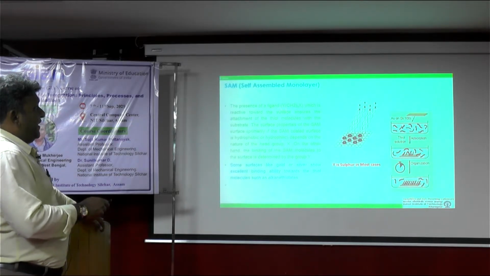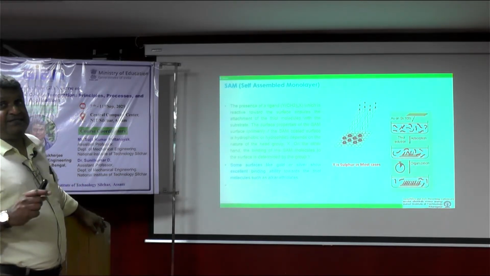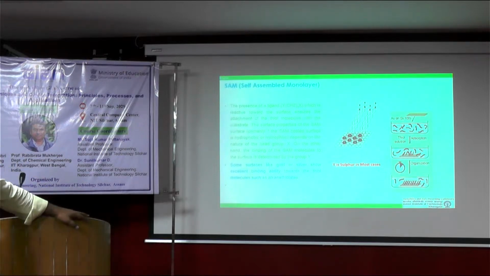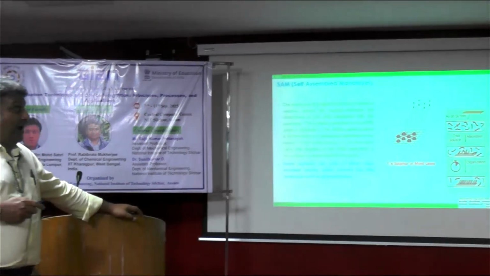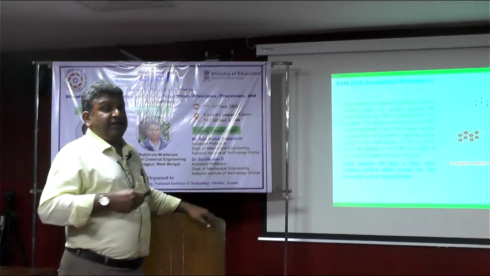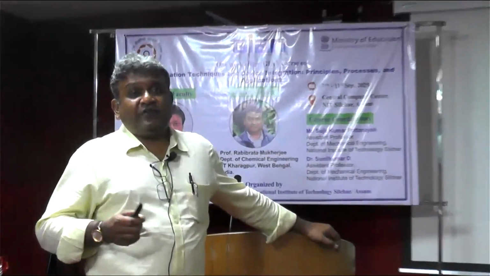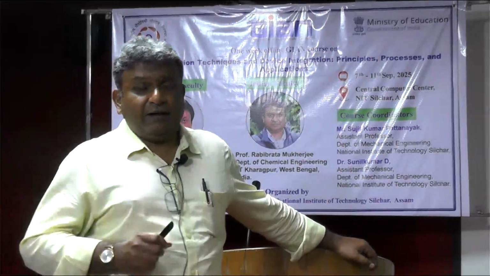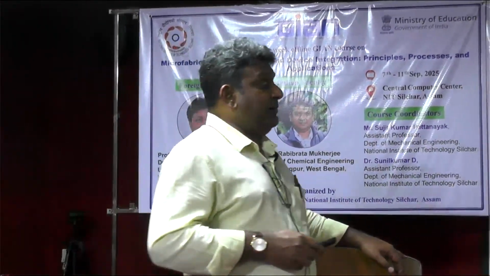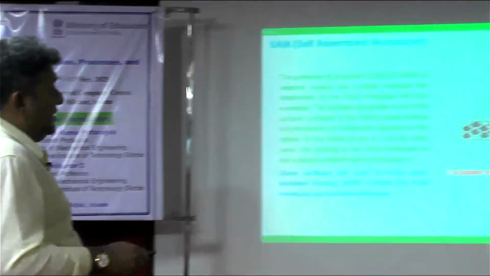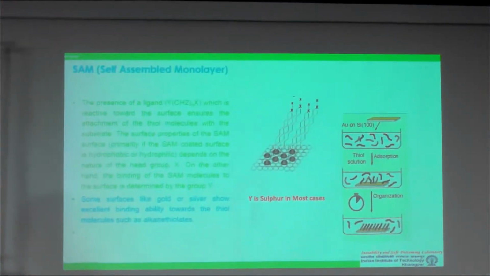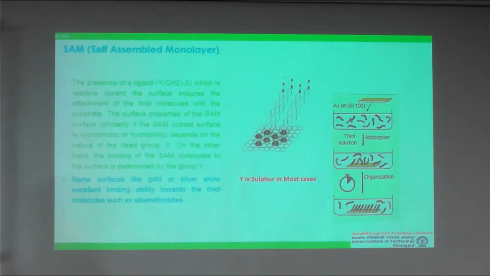So one of the end groups binds well with the surface, right? The other end group exhibits either a hydrophobic or a hydrophilic end-terminated group. So depending on the nature of X, this can exhibit either hydrophobicity or hydrophilicity.